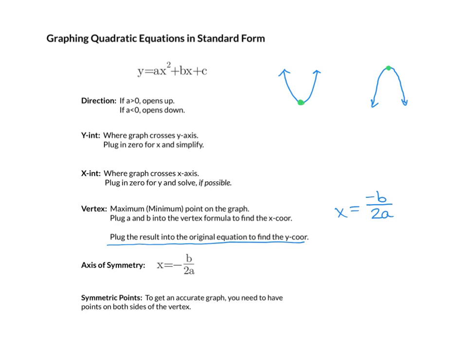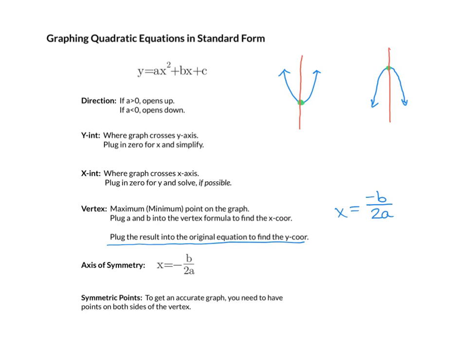Something else that we have is called the axis of symmetry. Symmetry means that you have mirror images. And so what we're going to do is draw a line through our parabola. It's going to go through the vertex, and it basically cuts our graph in half. Depending on how accurate your graph is, you should have mirror images on both sides.